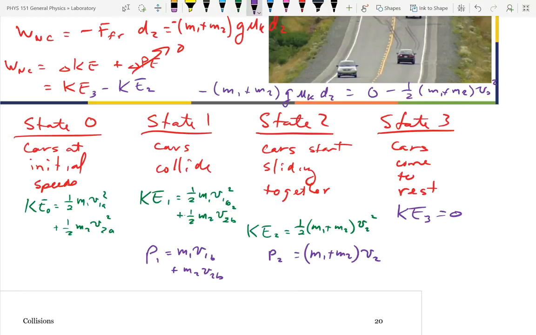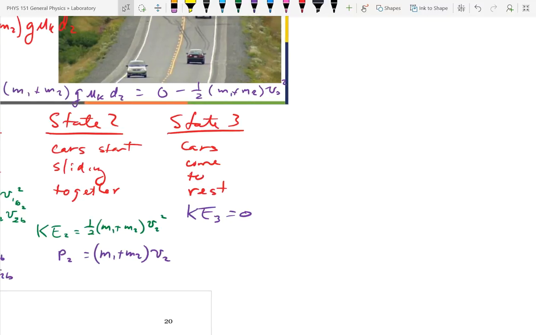So this equation, notice the 0 was kinetic energy 3 there. And then minus kinetic energy 2. I have M1 and M2 on both sides. It doesn't even matter what the masses of the cars are for this step, because the masses of the cars actually cancel in this step. And I can solve this for V2 to find that.